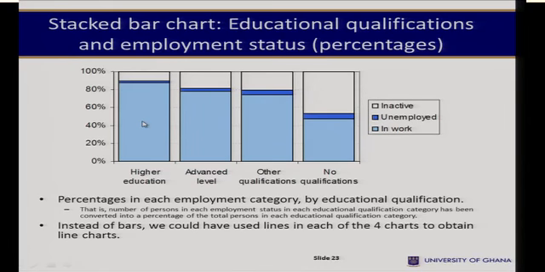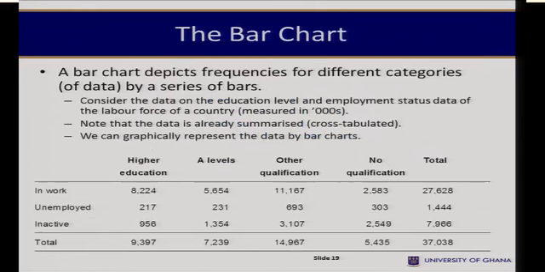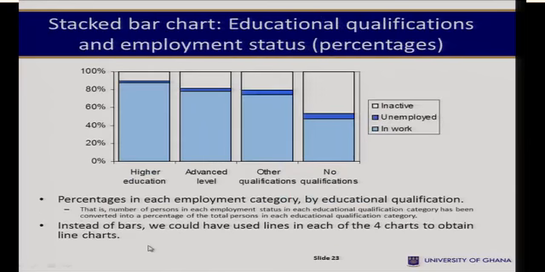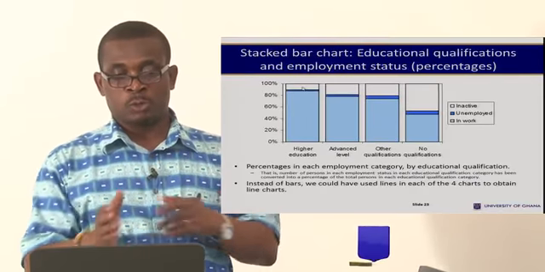What you do to get that percentage is to look at the higher education column, and then find that 8,224, which is for in work and higher education, divided by 9,397, multiplied by 100. It gives you that percentage that you are seeing here. You do it similarly for unemployed and inactive, and the total must be equal to 100%.